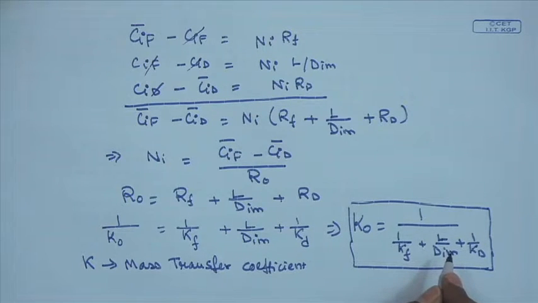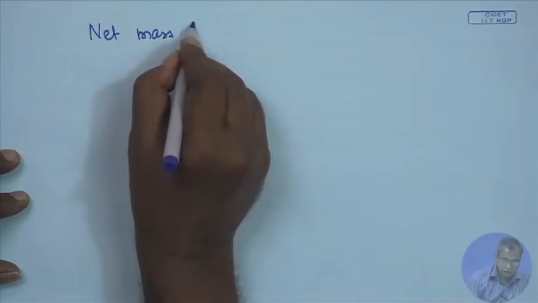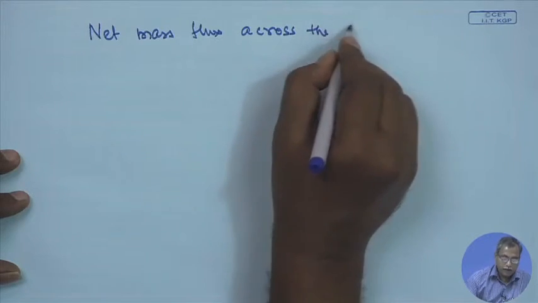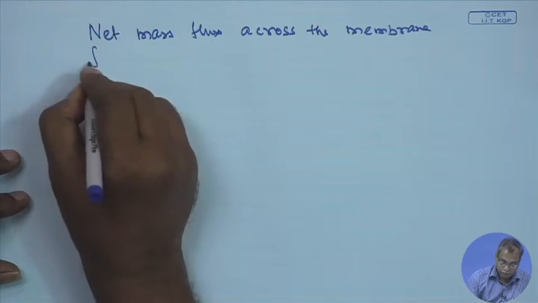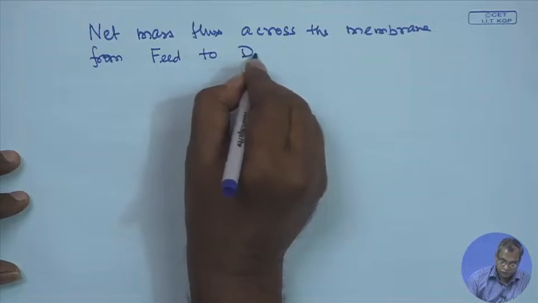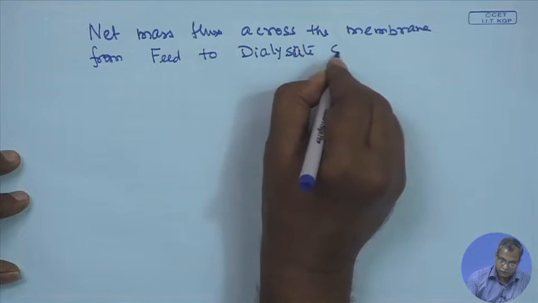So, this will be the expression of overall mass transfer coefficient. Once we get the overall mass transfer coefficient, we will be able to get the net mass flux across the dialysis module from the feed side to the permeate side, or the dialyzed side. So, net mass flux across the membrane from feed to dialyzed side.